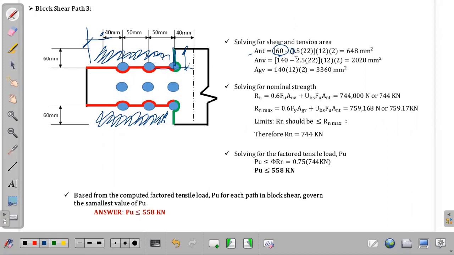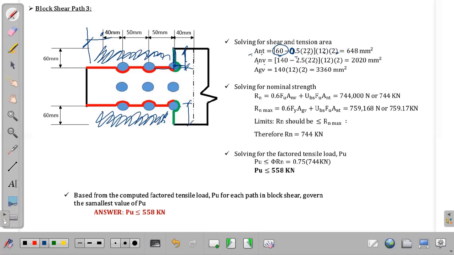This is 0.5, 0.5 since half lang dito. So that is 160 minus 0.5 times 22 effective hole diameter times 12, that is the thickness, times 2. Bakit times 2? Dito sa baba, dito sa taas, and dito sa baba. Kaya times 2. That is for the A and T.